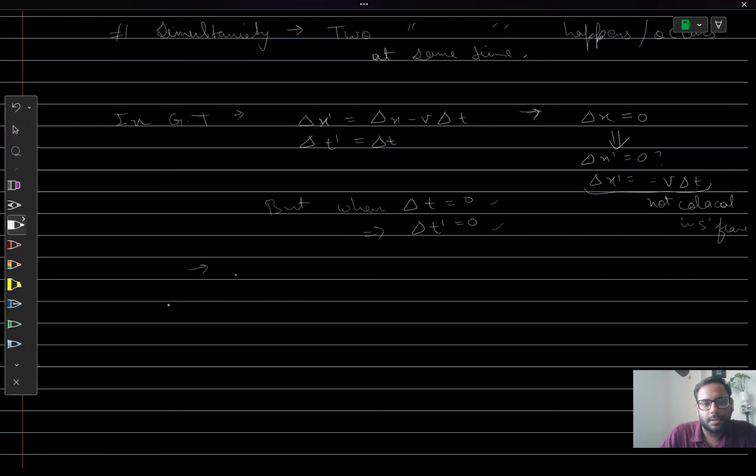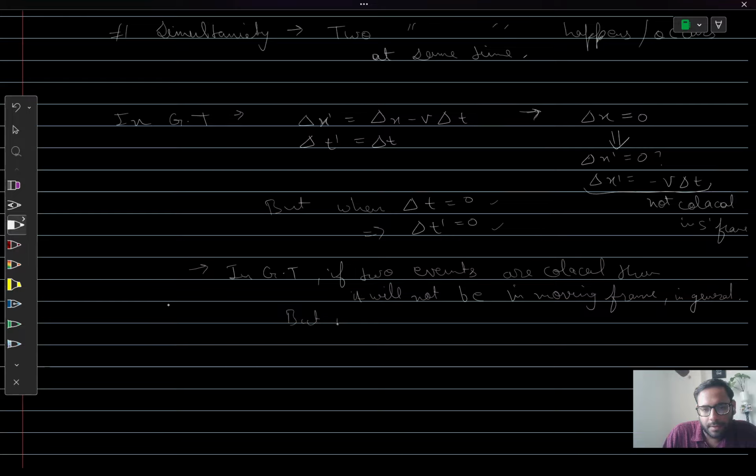So from here in GT, if two events are co-local, then it will not be so in the moving frame, in general.